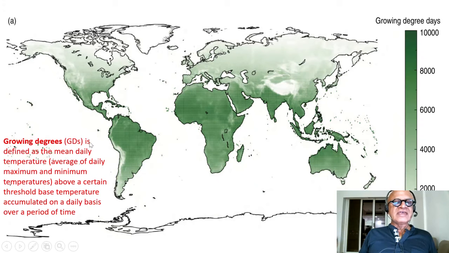So growing degree day is defined as the mean daily temperature, the average of daily maximum and minimum temperatures, above a certain threshold base temperature accumulated on a daily basis. Okay, so the number of days where you have average temperature above the minimum threshold needed to drive photosynthesis.